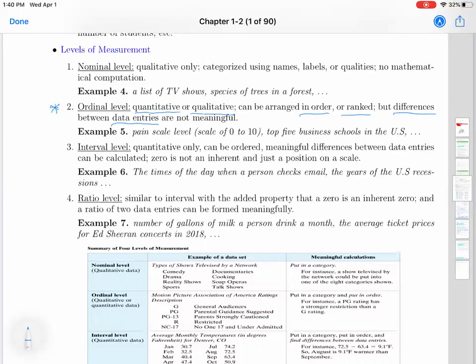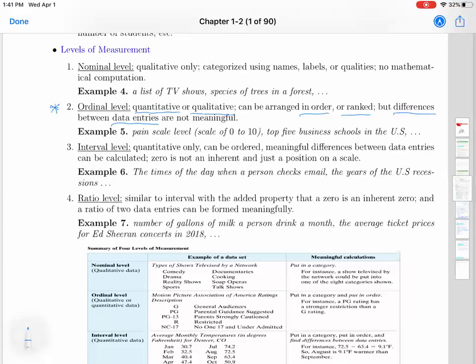But when you take the difference between 10 and 5, you get 5. You cannot get any meaningful interpretation for that difference, because the difference between 10 and 5 is the same as the difference between 8 and 3. How can you get any meaningful interpretation from those differences?